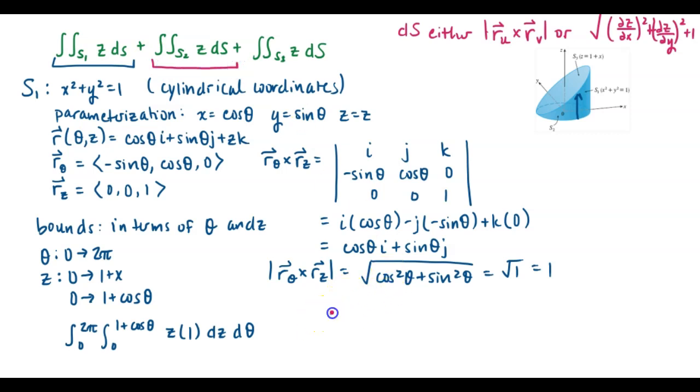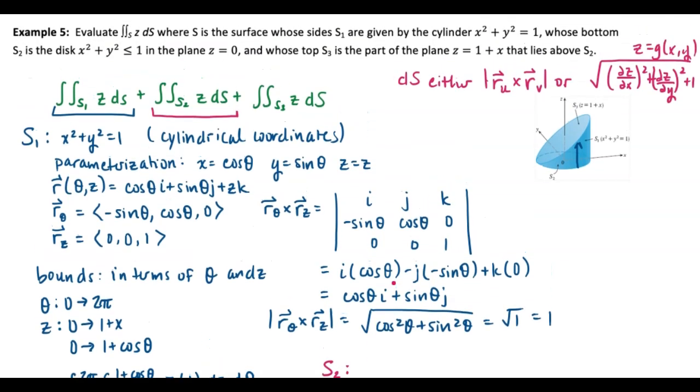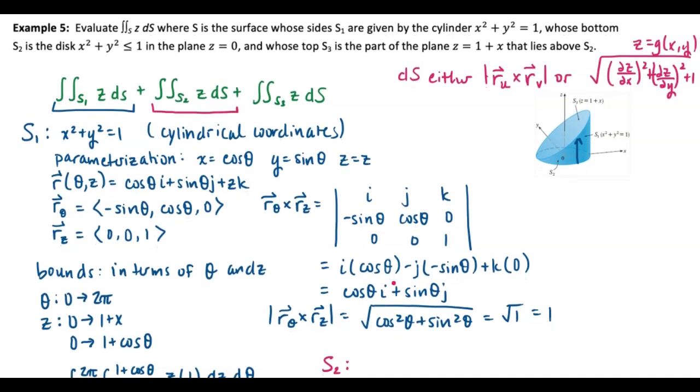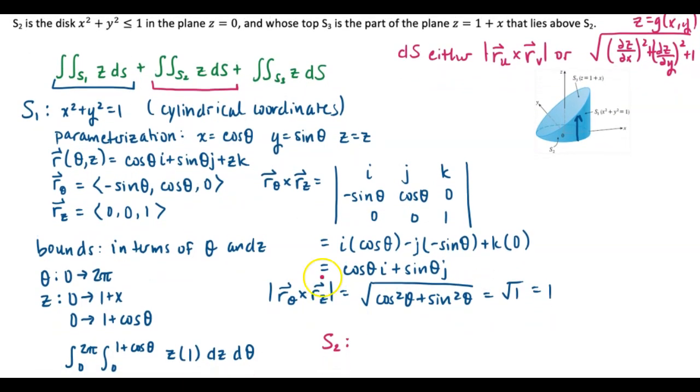So let's talk about S2. We were given in the problem that S2 is the disk x squared plus y squared is less than or equal to 1, in the plane z equals 0. And so if this lies in the plane z equals 0, what that means is that as far as z goes, my equation is always going to be z equals 0.